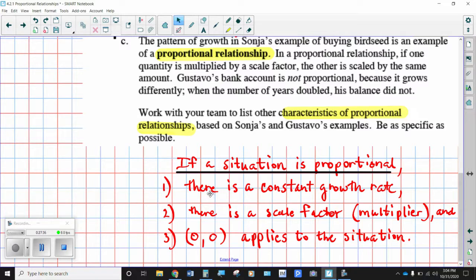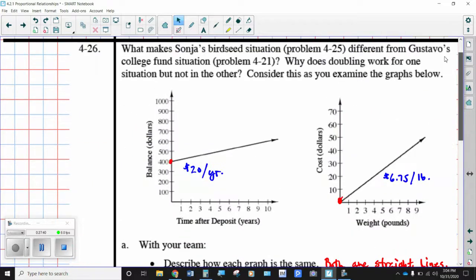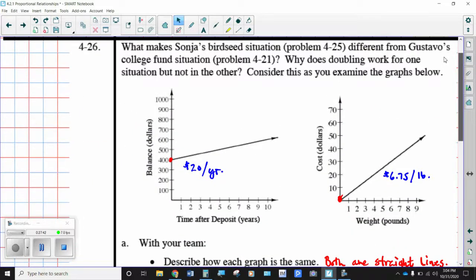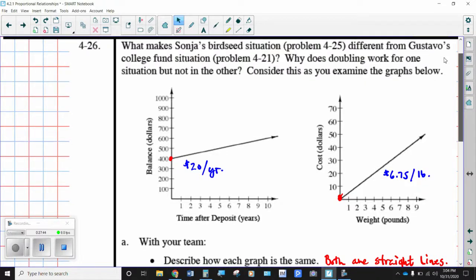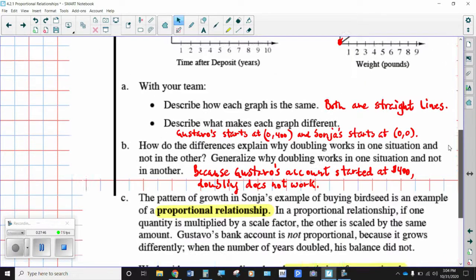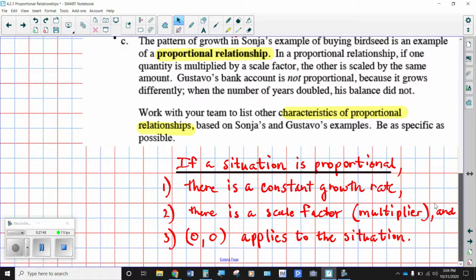All proportions have a constant growth rate. And as you saw up here, both of those had a constant growth rate. So Gustavo's situation did fulfill that requirement for proportionality. But this is where things start to change. There's a scale factor or multiplier that is applied in the situation, which you think of as that unit rate.